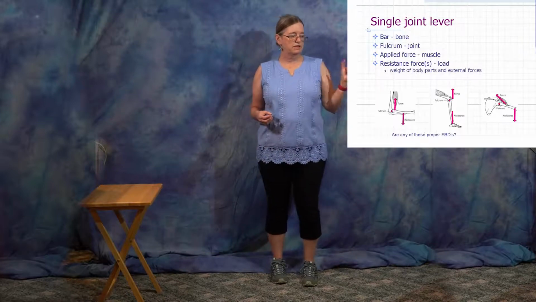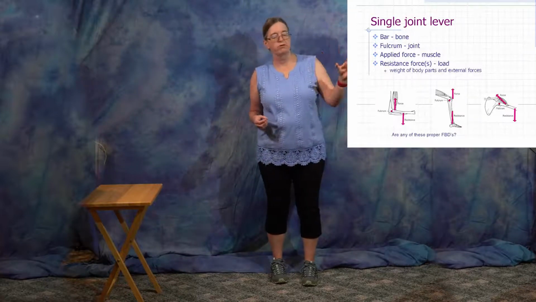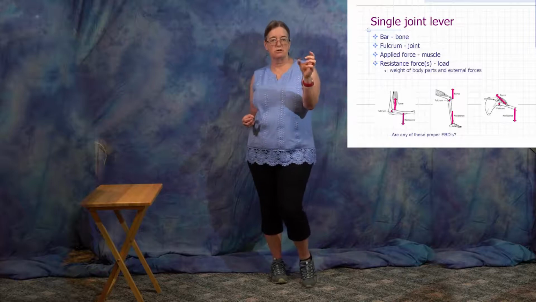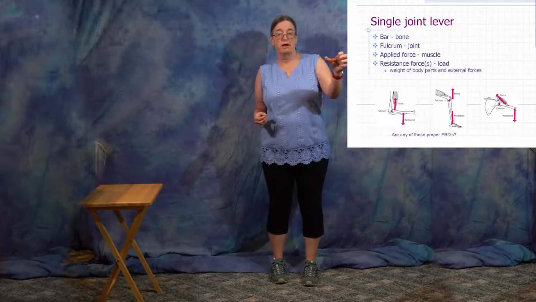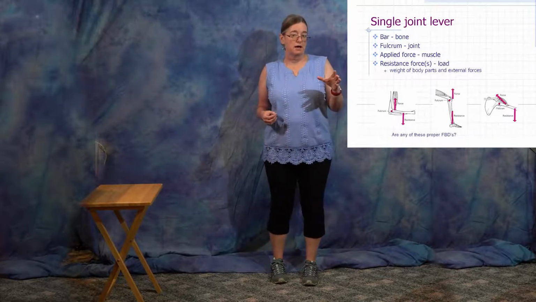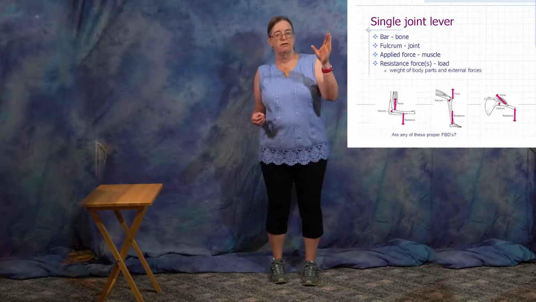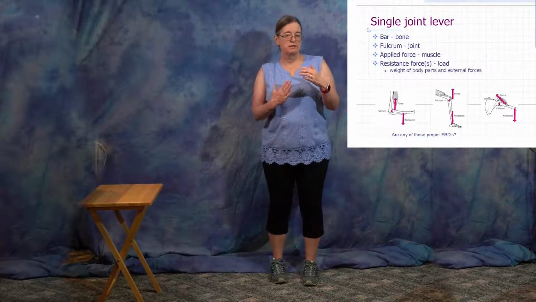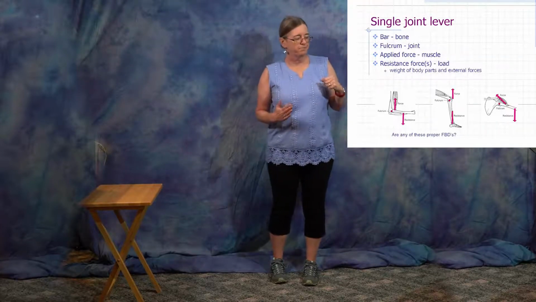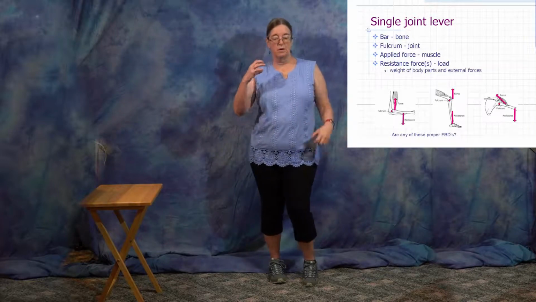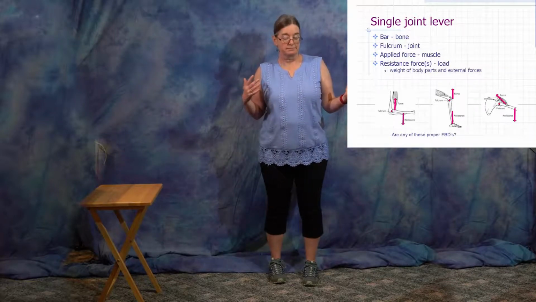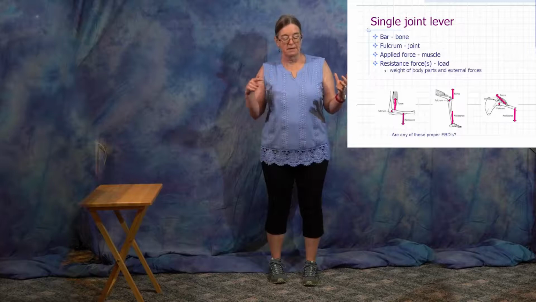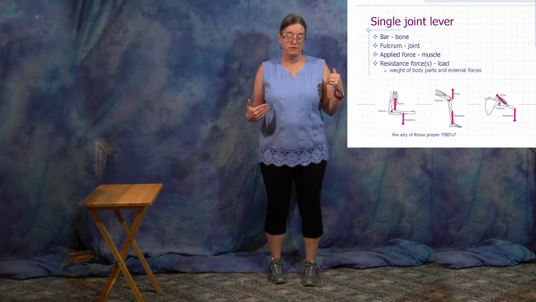Similarly, in the second one, you have, again, your fulcrum, which is your center of rotation in your knee, your applied force, which is the force being created in the patellar tendon from the quadriceps, and the weight of the calf and foot.